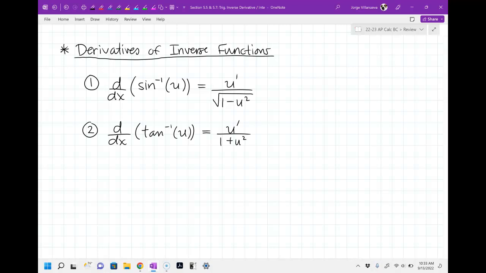And then the last one, which is very rare to see, but it's less rare than the other ones. That's why I'm not even going to give you the others. It's the secant definition, and that's going to be u prime over the absolute value of u times the square root of u squared minus 1.